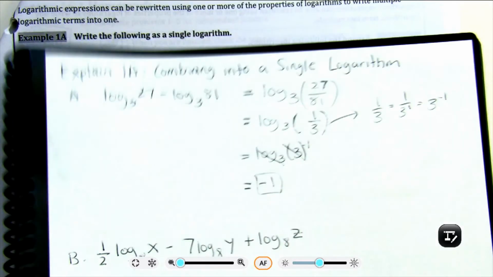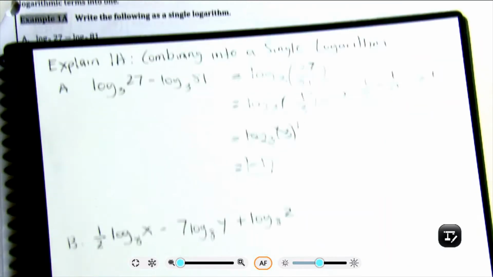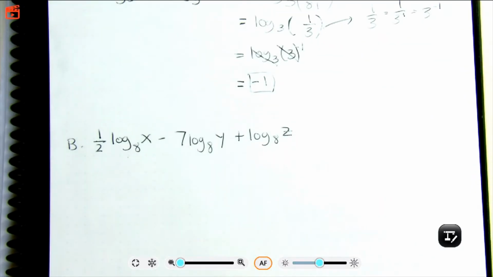Next, we're going to go into problem B, and we have 1/2 log base 8 of x minus 7 log base 8 of y plus log base 8 of z. So what we're going to do is take this in steps.